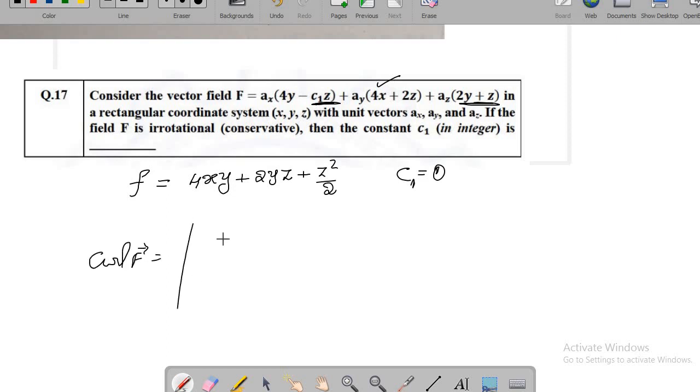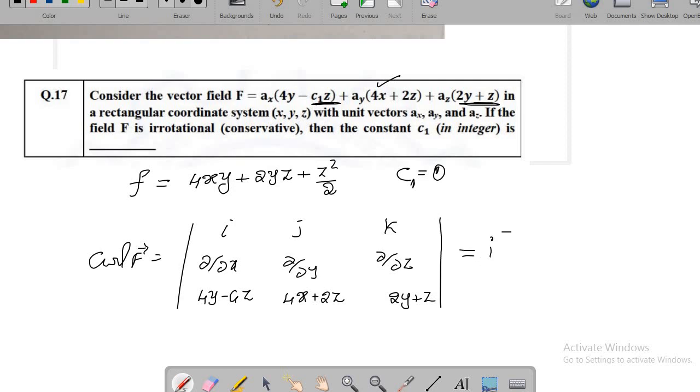Curl f bar is nothing but the determinant of i, j, k; dou by dou x, dou by dou y, dou by dou z; and this is 4y minus C1z, this is 4x plus 2z, this is 2y plus z.